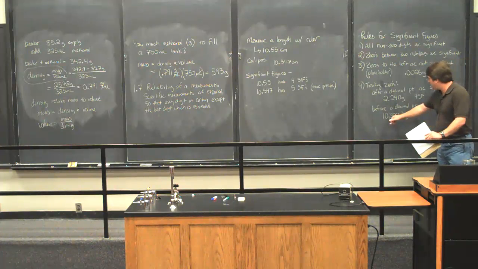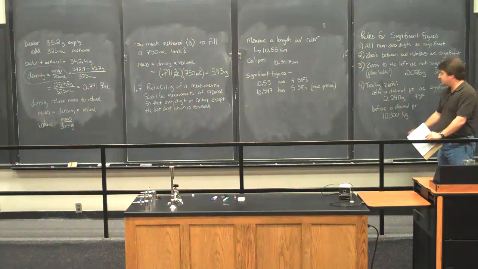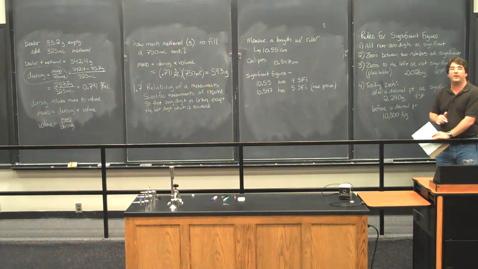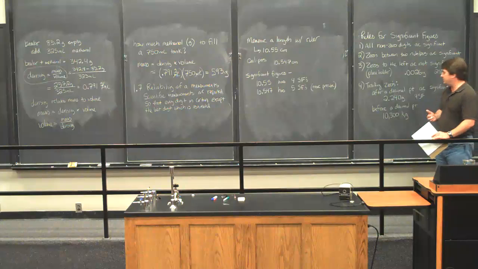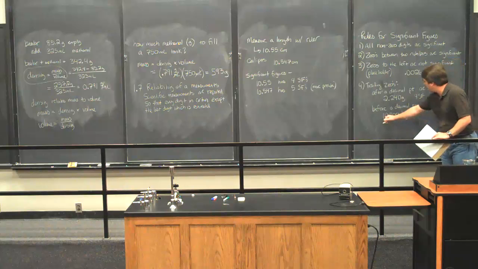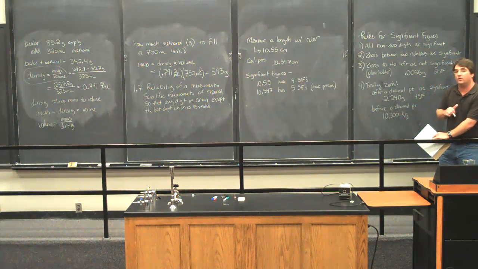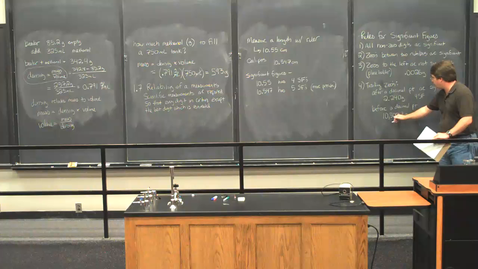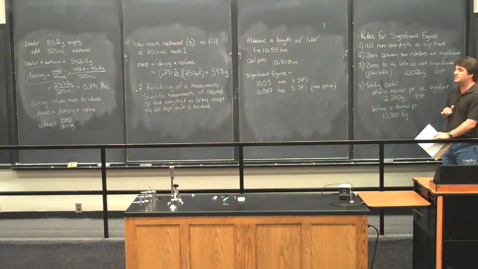Is it plus or minus 100 kilograms? Is it plus or minus 10 kilograms? Is it plus or minus 1 kilogram? I don't know. There's uncertainty there. So this may be 3 significant figures. It may be 4, or it may be 5. It's definitely at least 3, because of the 1 and the 3 and the 0 between those are 3. But there's a question as to whether either of those zeros is significant.